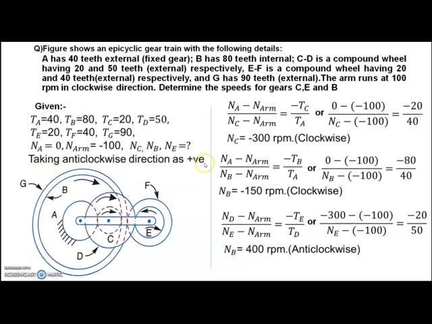Yes, positive direction we have taken anti-clockwise in this question. Simply we have found out the speed of C, E and B with simple 3 lines. This is the algebraic method for epicyclic gear train, where the questions look very clumsy and like a big problem, but with simple 3 lines we have solved. Similarly, we will go to the next question.